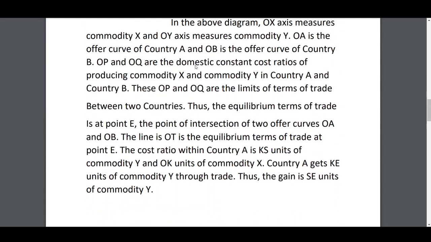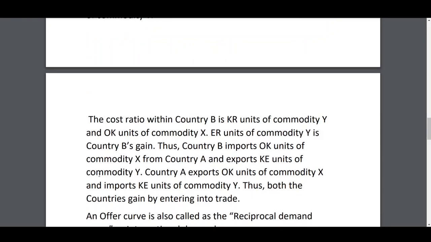Now, the next one is country B. The intersection of the two offer curves we have already explained. Now, the cost ratio within country B is KR units of commodity Y and OK units of commodity X. And ER units of commodity Y is country B's gain.